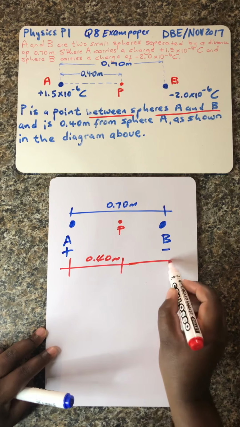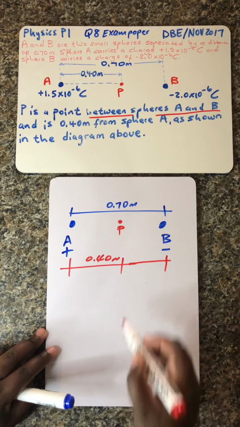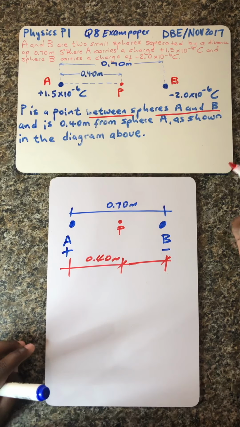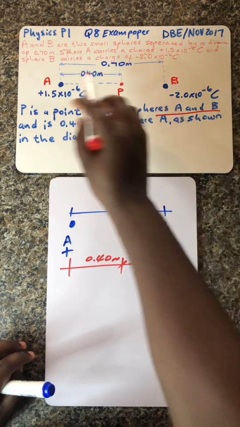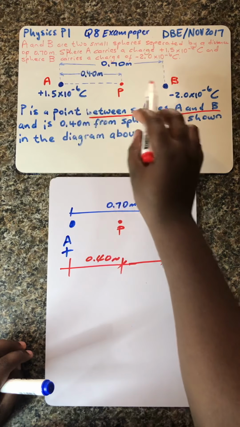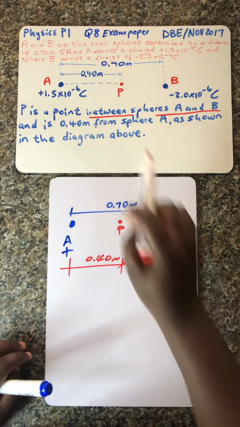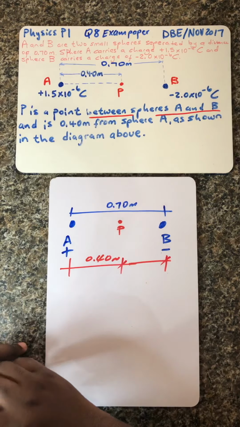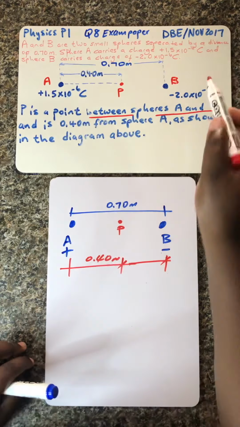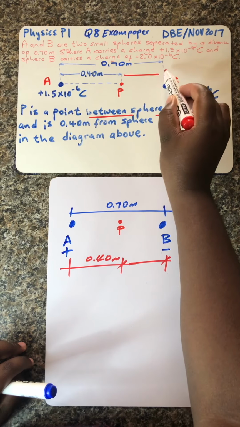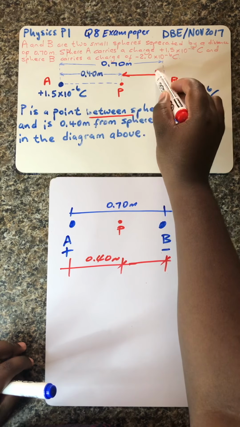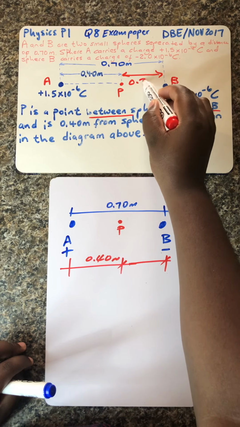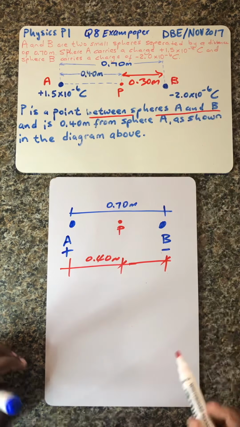It means it now remains our responsibility to know the distance from there to there. Obviously, because we know that the total distance between A and B is 0.7 and point P is placed 0.4 meters away from sphere A, that means the distance from P to sphere B should be 0.30 meters.